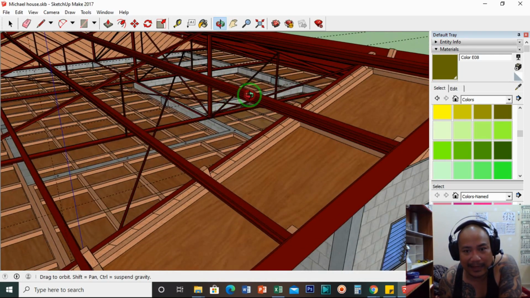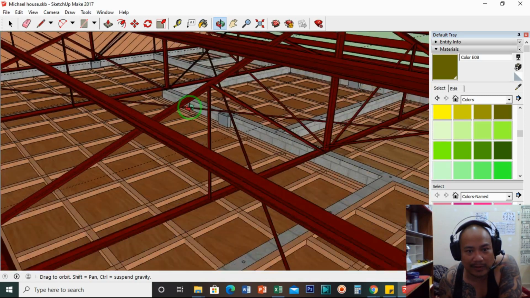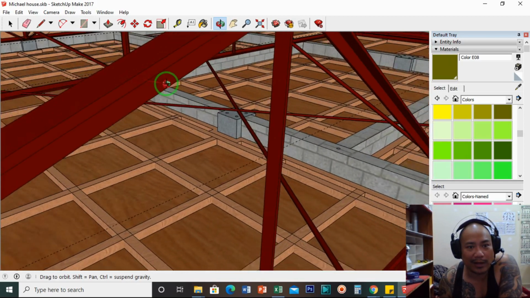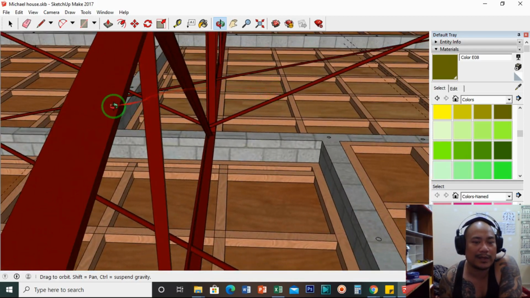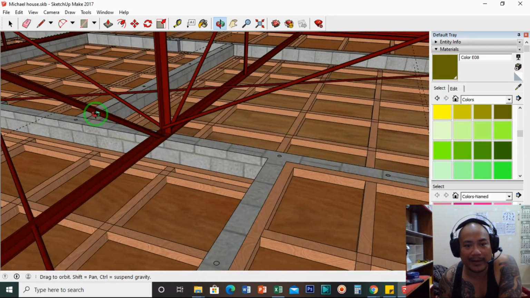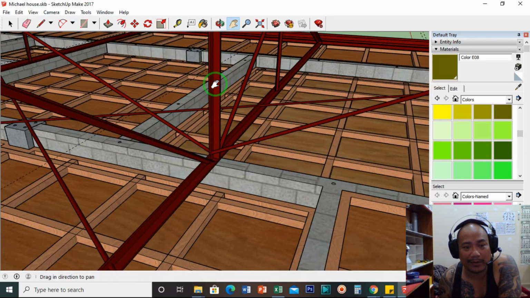In the trusses, I am using the C channel, the 2x2 angle bar with 6 mm thickness, and braced with 1.5 by 1.5 angle bar, also 6 mm thickness.